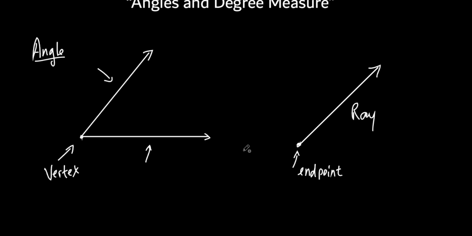This is called the initial side. It's the side that you begin with. And this is the one where you end. They call this the terminal side. That's not something that we talked about in geometry, so that's kind of new.